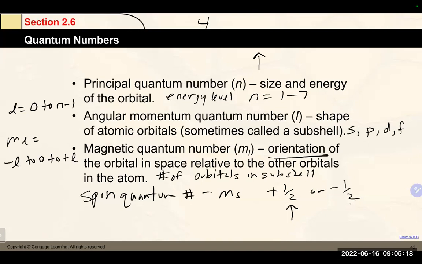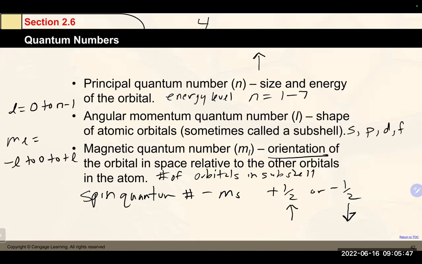The second electron that goes in typically will go in the opposite direction, pointing down, and that is referred to as negative 1/2 for the spin quantum number. So any electron pointing upwards has a positive half spin. Any electron that goes into an orbital pointing downward has minus 1/2 spin. So those are the 4 quantum numbers that we have.